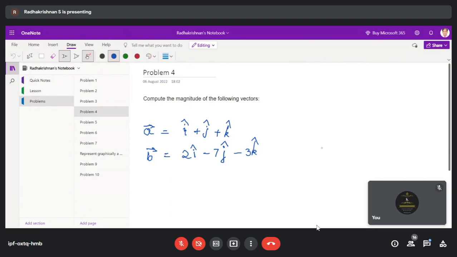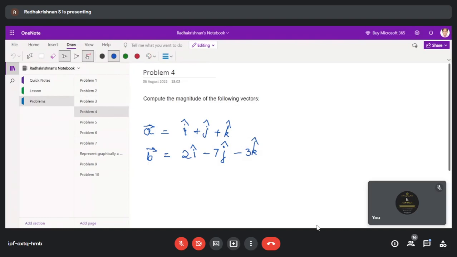Okay. So compute the magnitude of the following vectors. There is a vector A which is given as i cap plus j cap plus k cap. B is given as 2 i cap minus 7 j cap minus 3 k cap. Okay. So can we solve this problem?